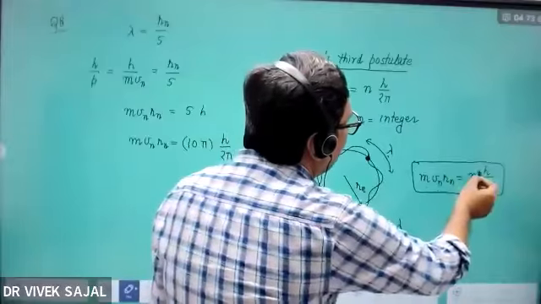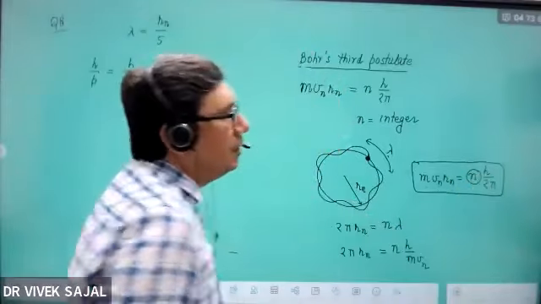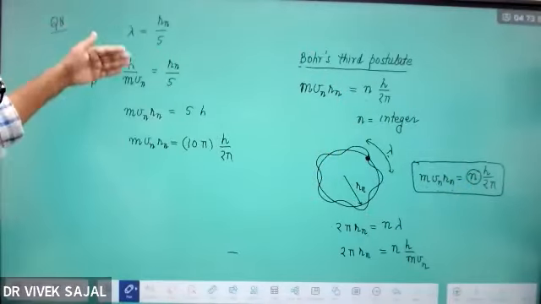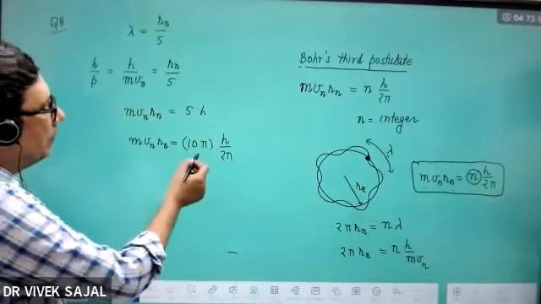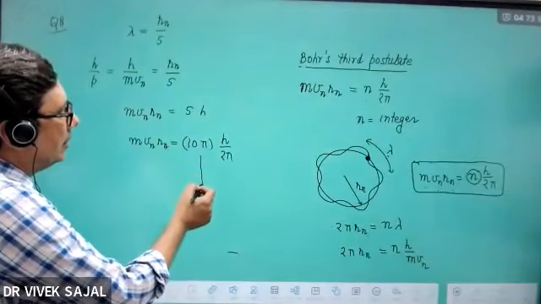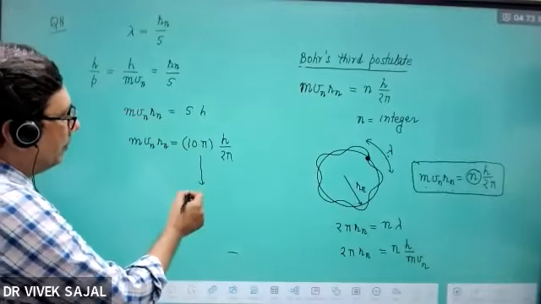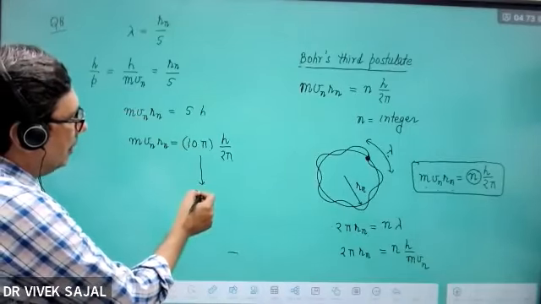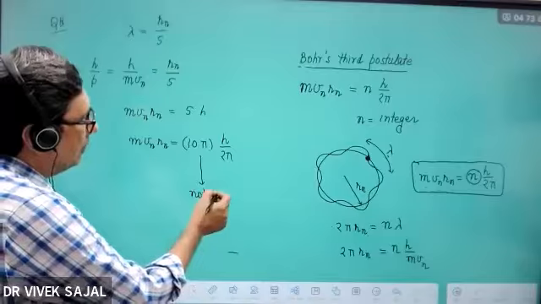So here you should have an integer. So this should be an integer. But whatever condition is given to us, what we are finding is 10 pi, which is not an integer. And this is not an integer.